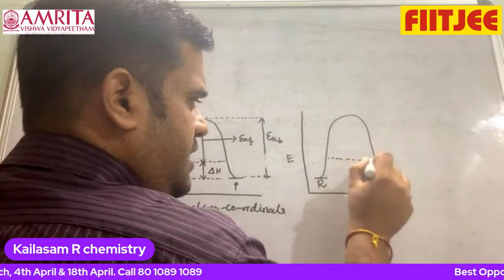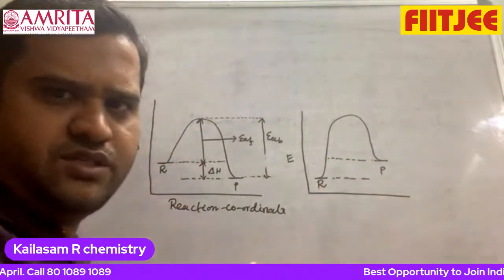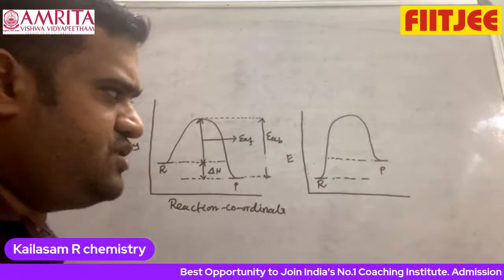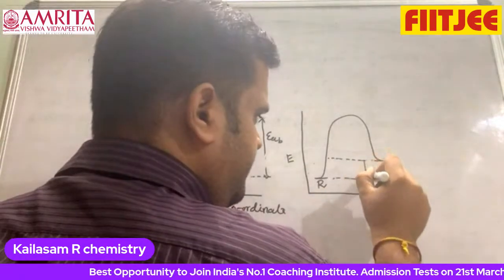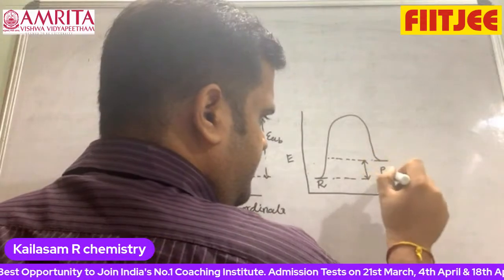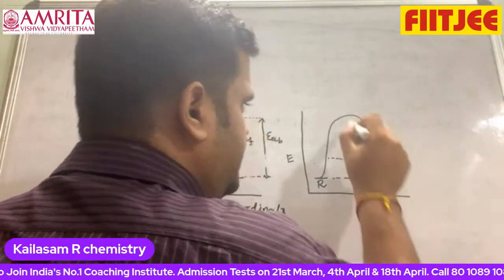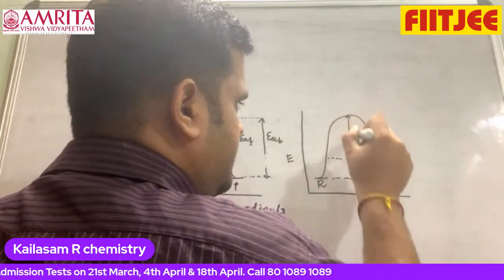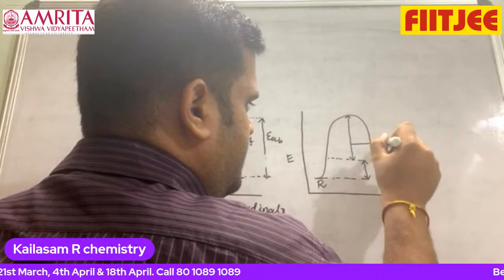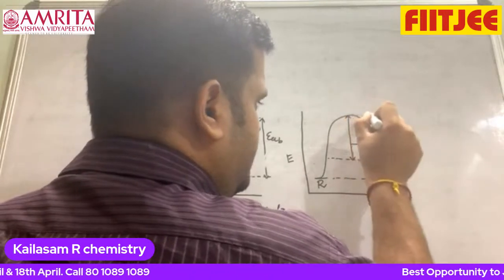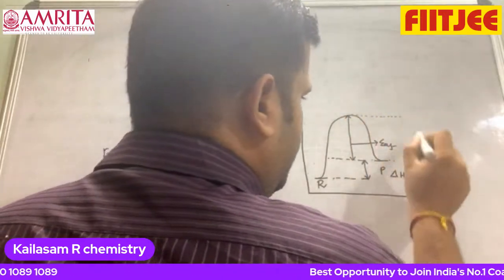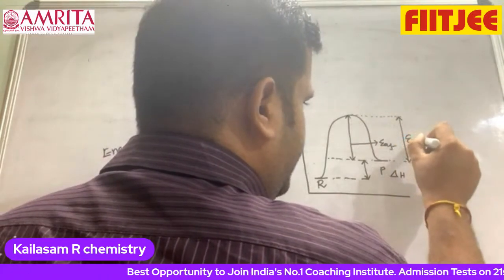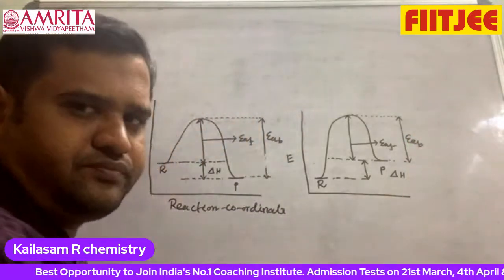Now I can say this is delta H of the reaction, delta H, and this is nothing but the energy of activation of forward. This I can say as the energy of activation of backward reaction.